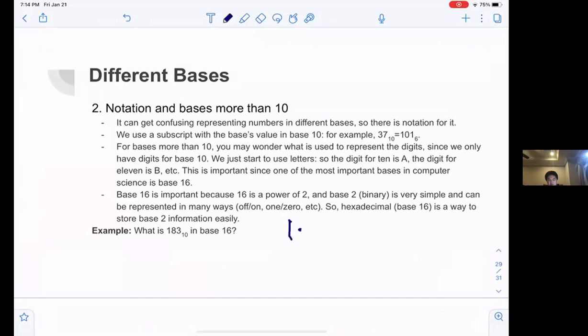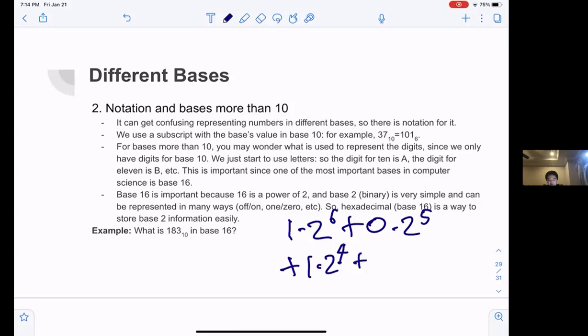Well, if you look at base 2 algebra and we have something like 1 times 2 to the 6, a chain of numbers like this, and nothing after that, 0 times 2 to the 0.